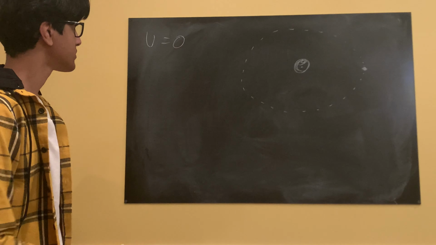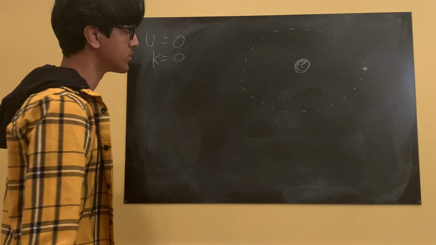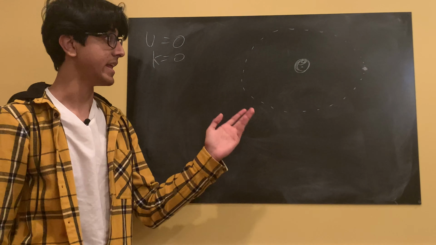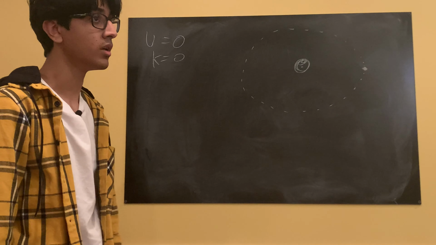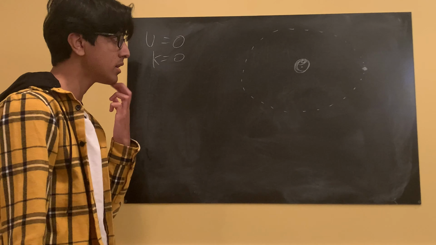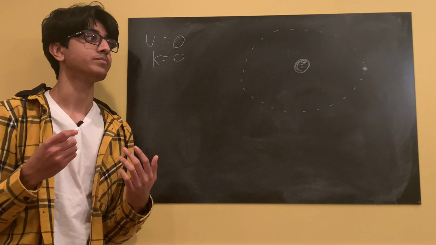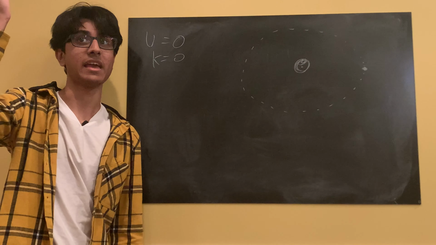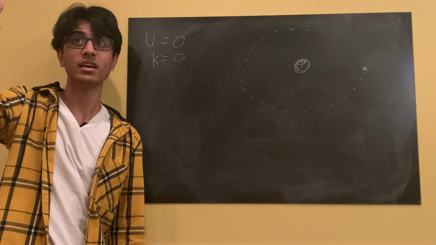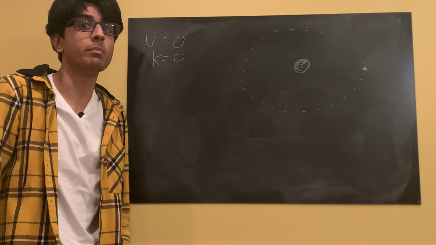Another thing that we need to know is that K will equal 0 once the satellite has escaped the gravitational pull. That one's a little harder to understand. A good way to think about it, the way my physics teacher put it, is that let's say you're trying to escape out of a hole in the ceiling. Consider the minimum velocity that you need to jump out from that hole.